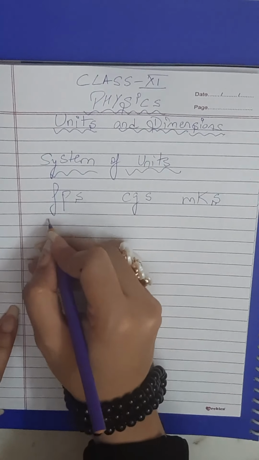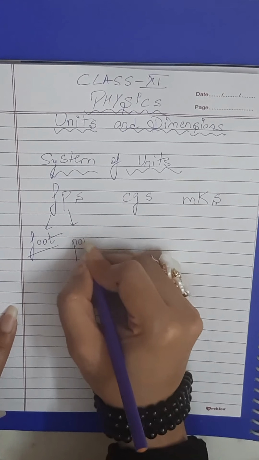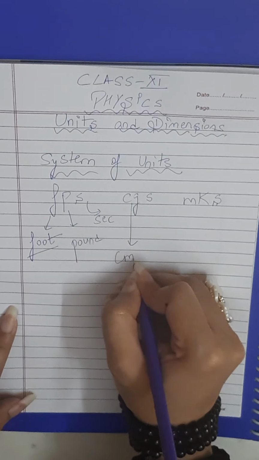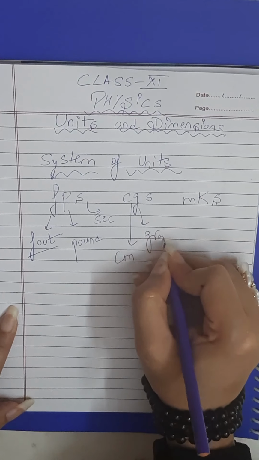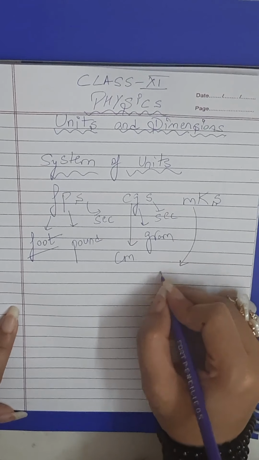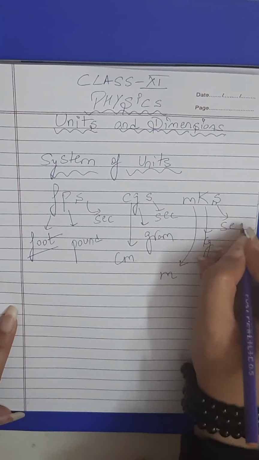Now here FPS stands for foot, pound, seconds. CGS stands for centimeter, gram and seconds. MKS stands for meter, kilogram and seconds.